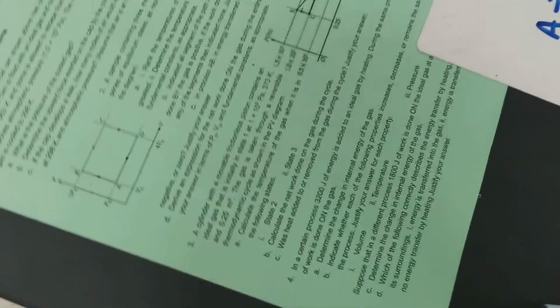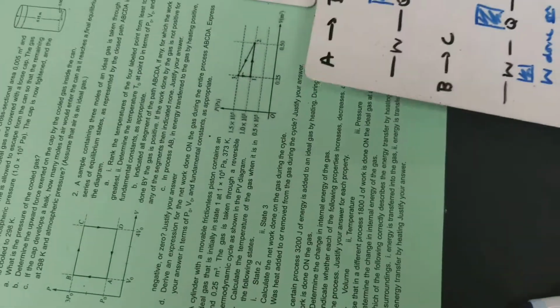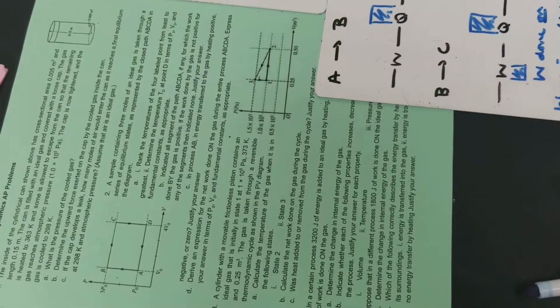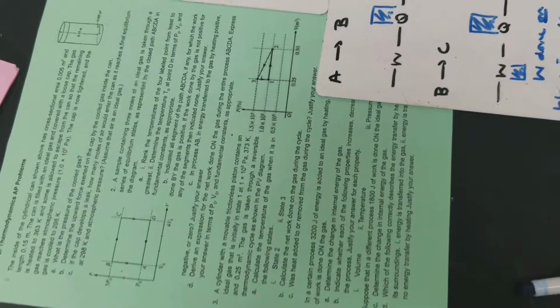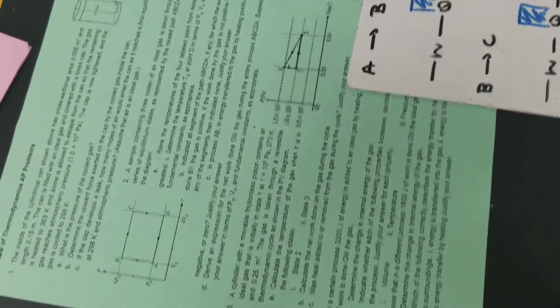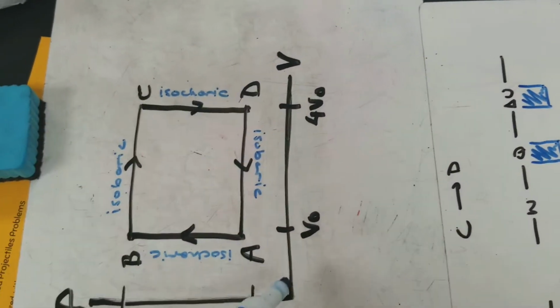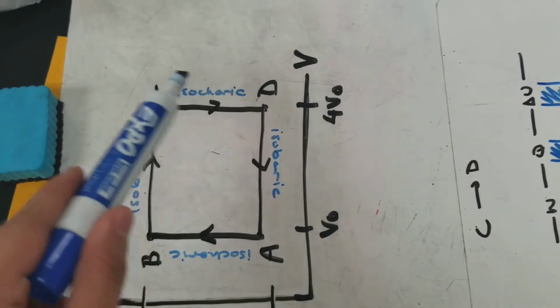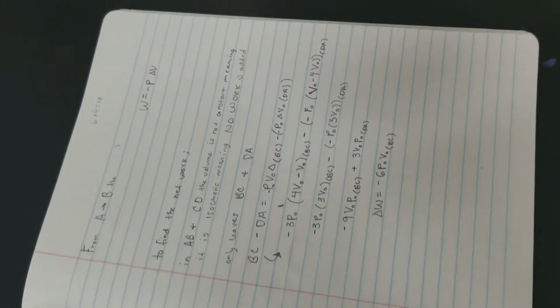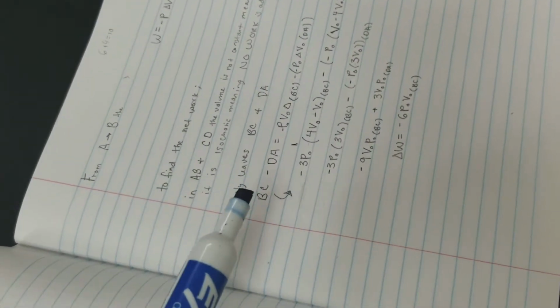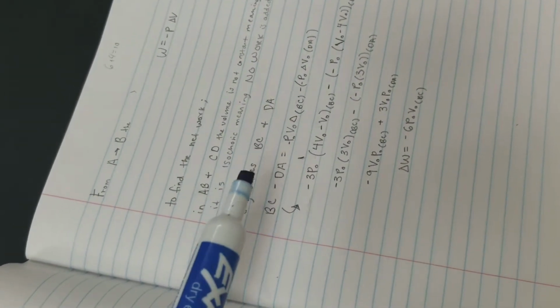Okay. So the final one is D. Derive an expression for the net work done on a gas during the process ABCD. Express your answer in terms of P0 and the fundamental concept appropriate. So as we said before, the only times that work is being done are going to be BC and DA, because the work is 0 where the volume is the same. Considering work is the negative pressure times the change in V, we went BC minus DA to find the net work.